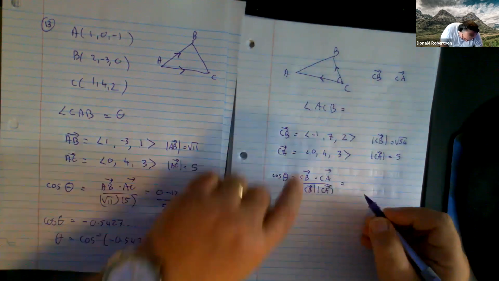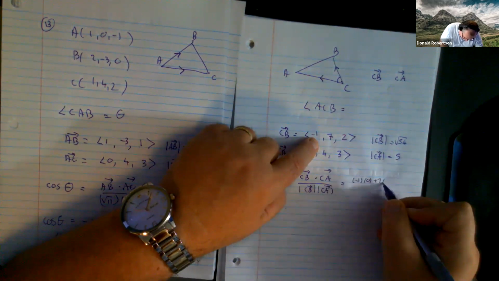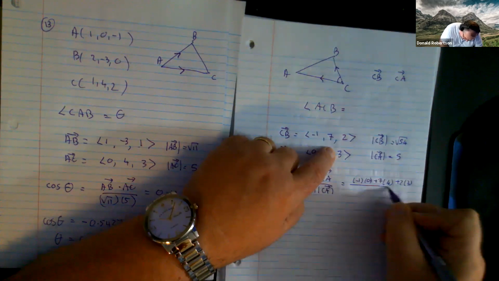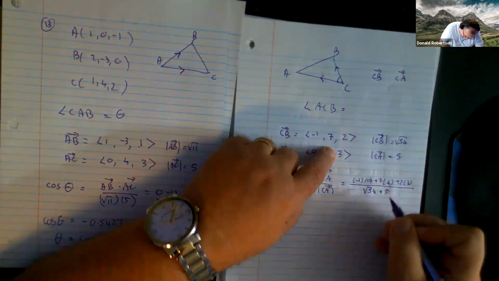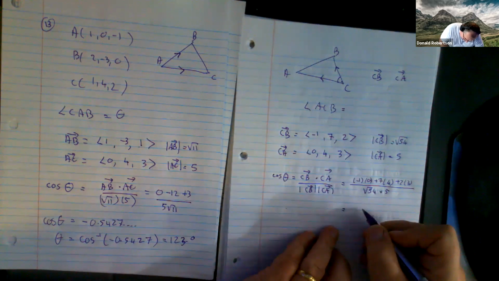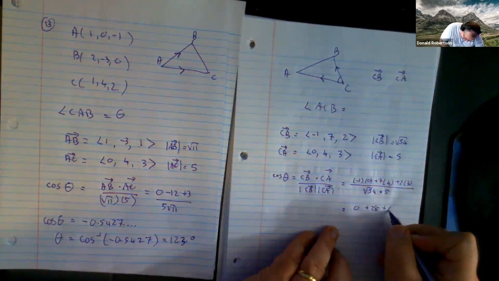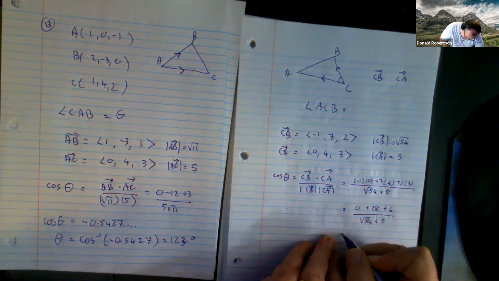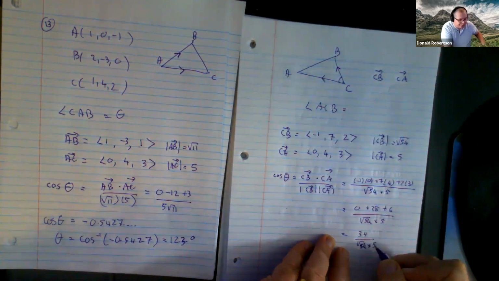The dot product would be -1 times 0 plus 7 times 4 plus 2 times 3, which gets me 34 over the magnitudes.